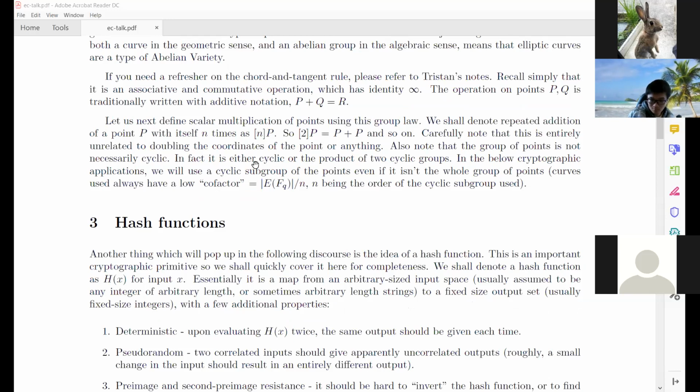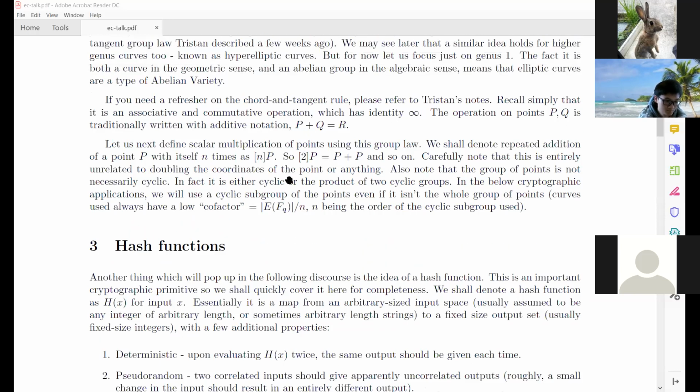Usually the curves that people use in cryptographic schemes have a low cofactor, meaning that the total number of the F_q rational points on the curve divided by the order of the cyclic subgroup is quite small, maybe like 2 or 4. So it's still a lot of the points, but it's not all of them. So that's a refresher on elliptic curves.